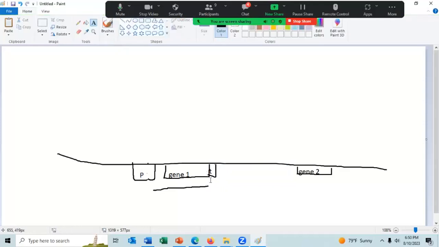The T is the terminator. The terminator is a region of DNA downstream of the gene, right at the end of the gene. The terminator codes for the RNA polymerase to fall off the DNA. So once the RNA polymerase reaches the T, the terminator, it will fall off.